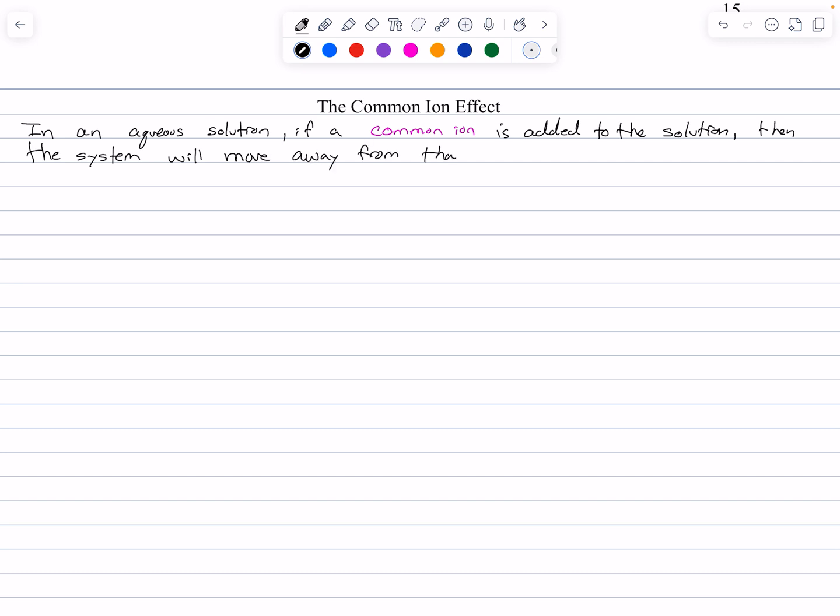All right, this is Le Chatelier's principle, of course.